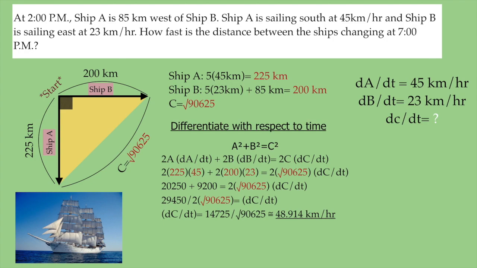So we're trying to get dc over dt by itself because that's what we're solving for. I always like to put a question mark next to what I'm trying to find, so it reminds me, oh hey, that's what I'm looking for.